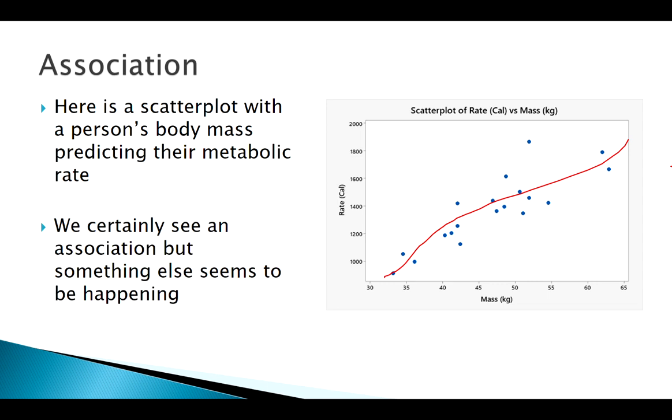But I think we can see something else going on here. I think the trend is pretty strong down here, but as we start going up, things seem to be more spread out. So there's definitely a positive linear trend, but something else at play. Our trend is getting weaker as mass goes up.